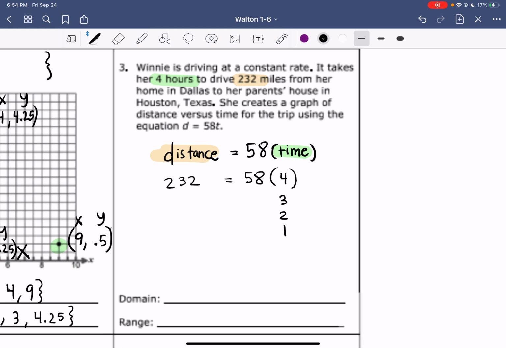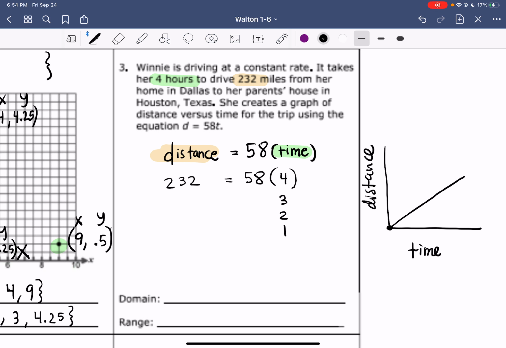But because the moment she hopped in the car, so if this is her time, and this is her distance, the moment that she hops in her car, so at 0, 0, when she's traveled 0 time and traveled 0 miles, then the moment she starts driving, with increased time comes increased distance.